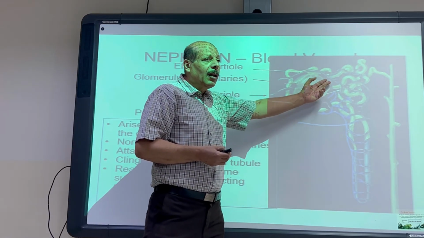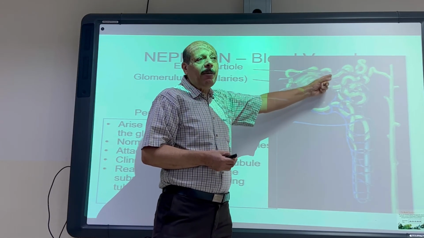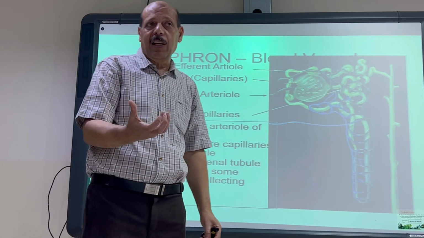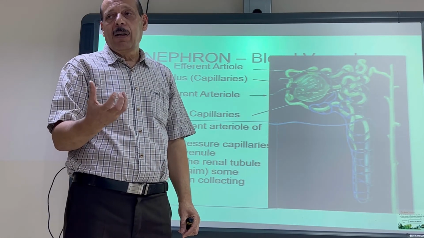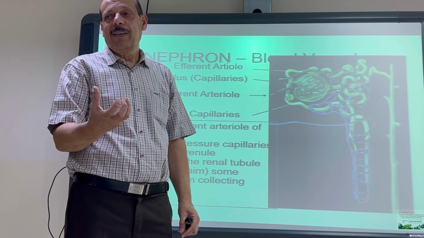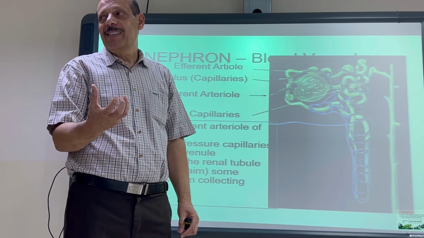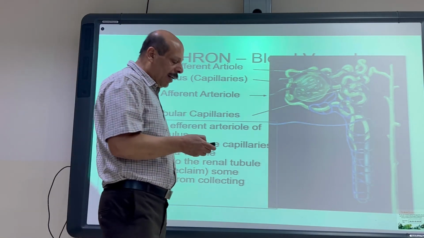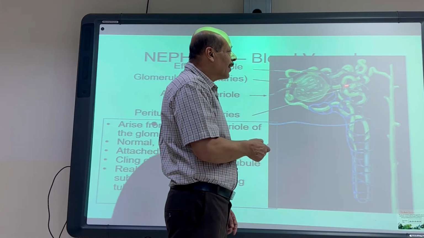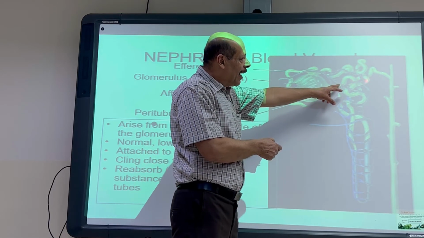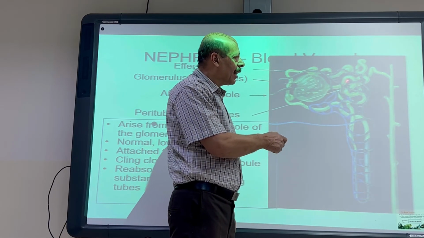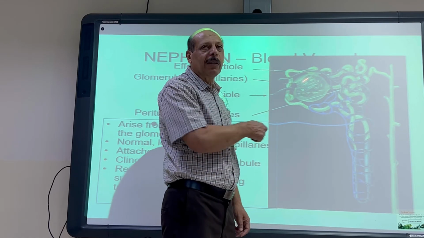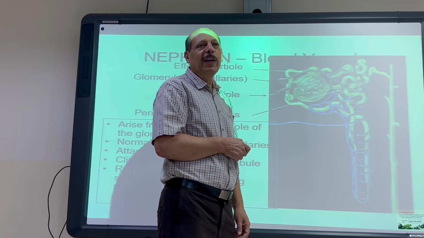So when the blood is coming out, the concentration of those substances, will it be high or low after filtration? Low, it will be low. So it will be lower than the filtrate, which is coming here in the proximal convoluted tubules, loop of Henle, and also the distal convoluted tubules.